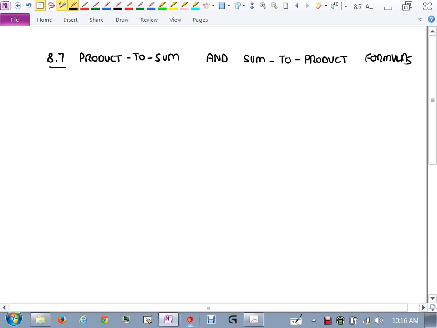You'll see these on your sheet, on the bottom right-hand side. There are 2 columns of them. These formulas do exactly what they say. They give you a way of taking the product of 2 trig functions and turning it into a sum, or if you have the sum of 2 trig functions, how you can turn them into a product.